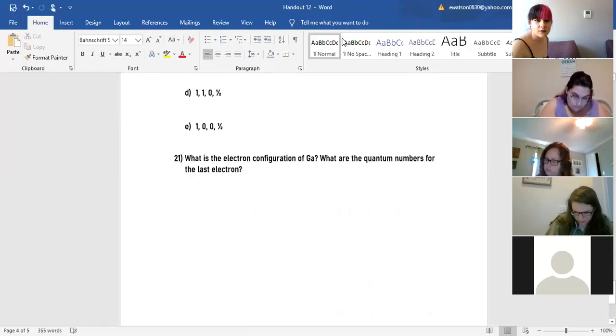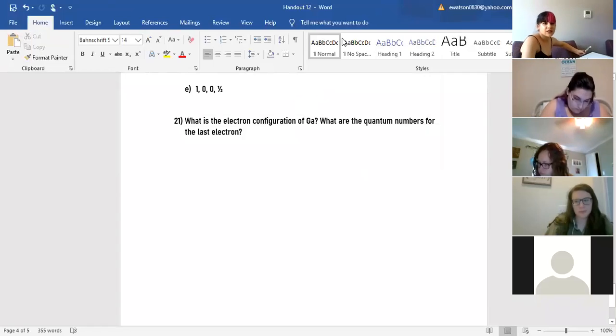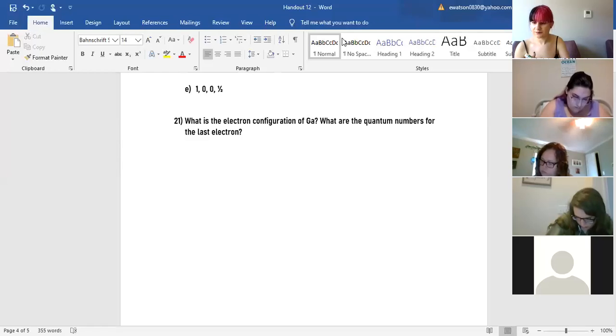So now, what is the electron configuration of Ga, and what are the quantum numbers for the last electron? So what's the noble gas electron configuration?